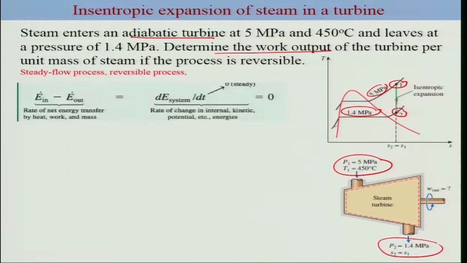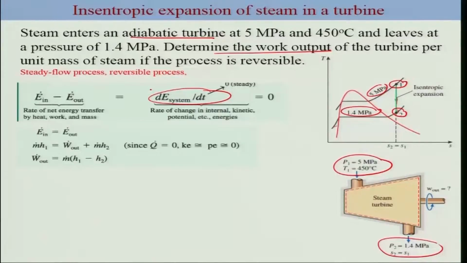One can start by assuming a steady flow device. It is reversible, which essentially means that the mass, entropy and energy of this particular system or control volume are going to be constant. The energy balance can be written in this form, E in minus E out, and considering this a steady flow process, this is going to be 0.